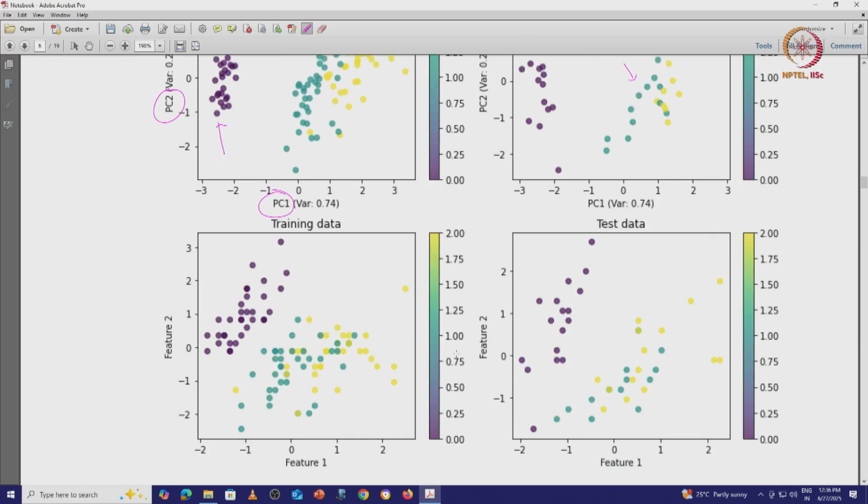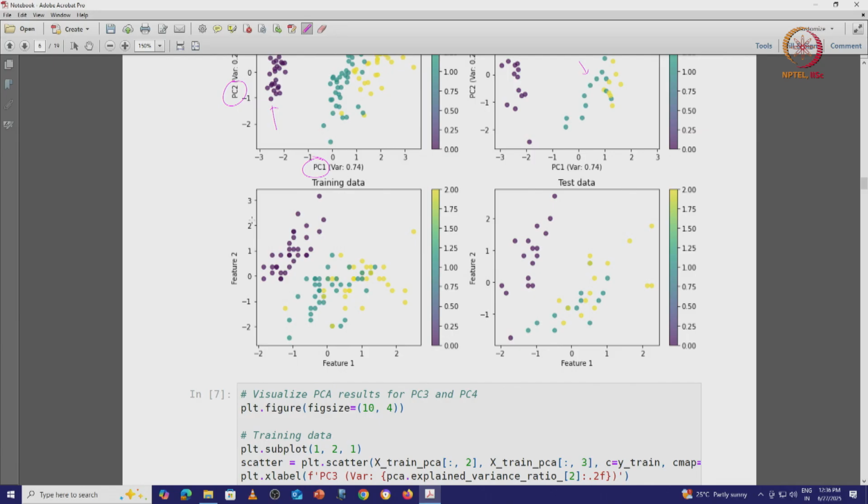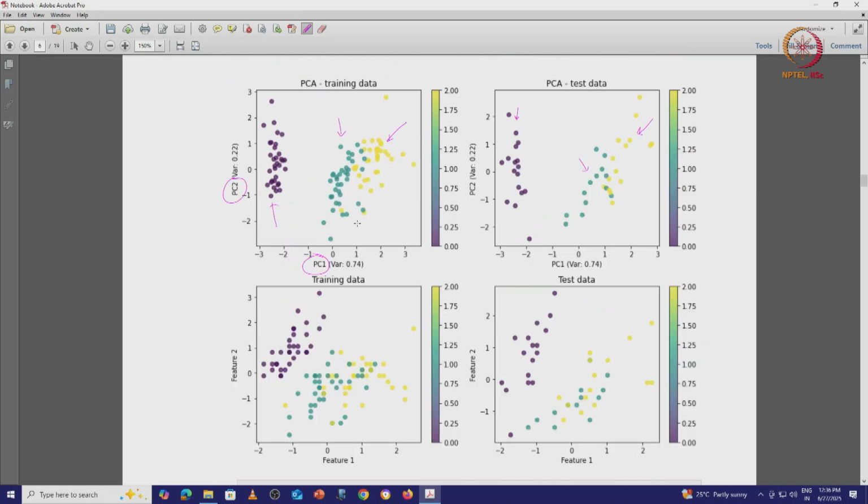But now look at this. This is the data in the space of the original features. That's a plot of feature 2 versus feature 1 for the training data, and feature 2 versus feature 1 for the test data. And look, you can't make out really any patterns whatsoever. Just compare with the plots on the top. That's the data points in the PC2 versus PC1 space, whereas this is the same data in the original feature space.